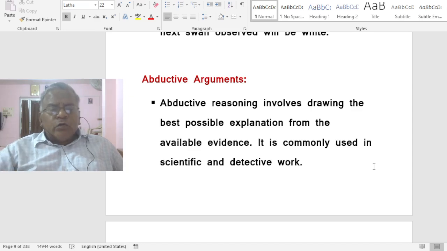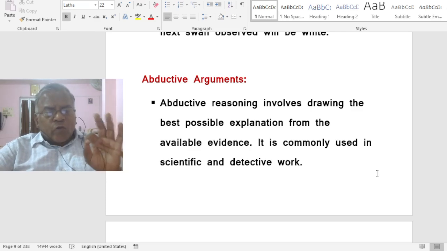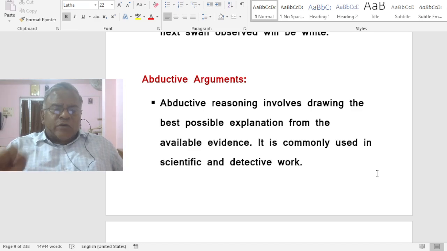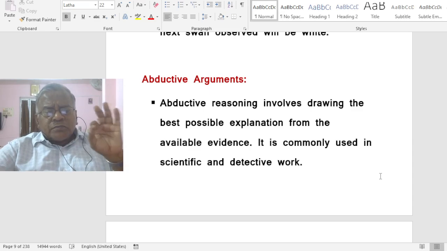It is commonly used in scientific and detective work, especially by the police, CIDs and all, Sherlock Holmes, for example. His stories are based on this type of objective argument, detective work.